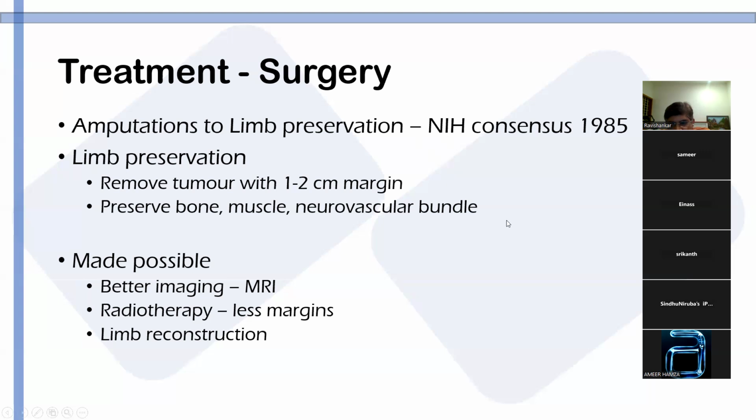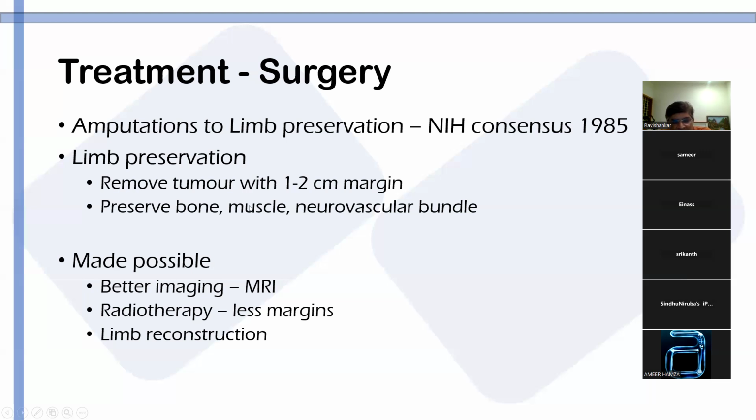When reading up further, as a registrar, I found this thought coming across that you should not amputate sarcoma limbs. So they said limb preservation is important. The simple rule is that remove the tumor completely with 1 to 2 centimeters normal margin around it. Preserve bone, preserve muscle, preserve neurovascular bundle.